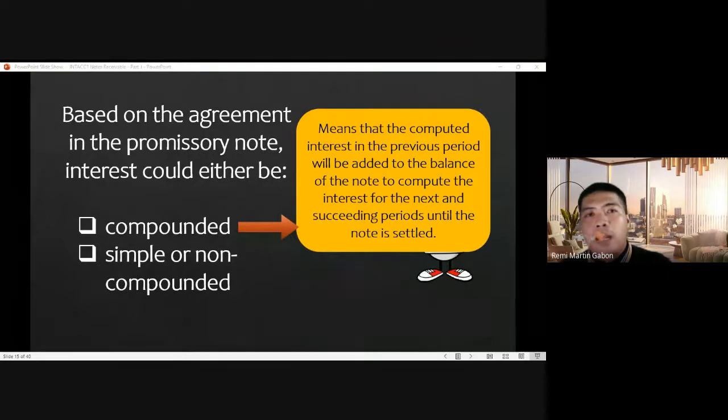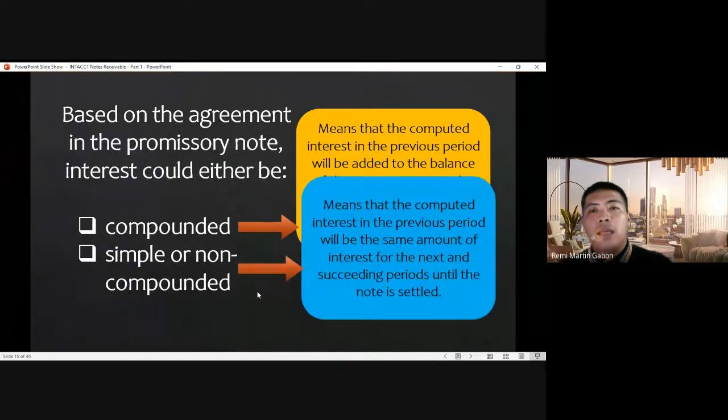So later, i-apply natin yan sa problem. Pag sinabi naman nating simple, when we say simple or non-compounded interest, means that the computed interest is the same for all periods. So fixed, we are referring to fixed amount.